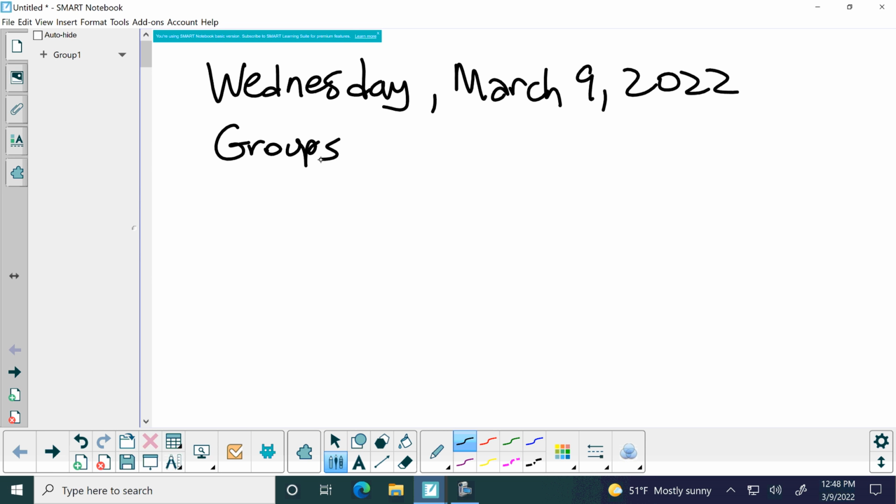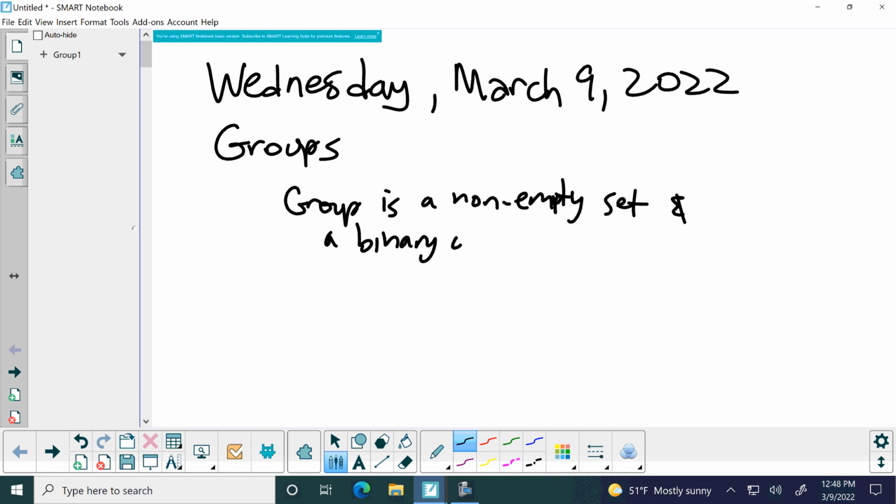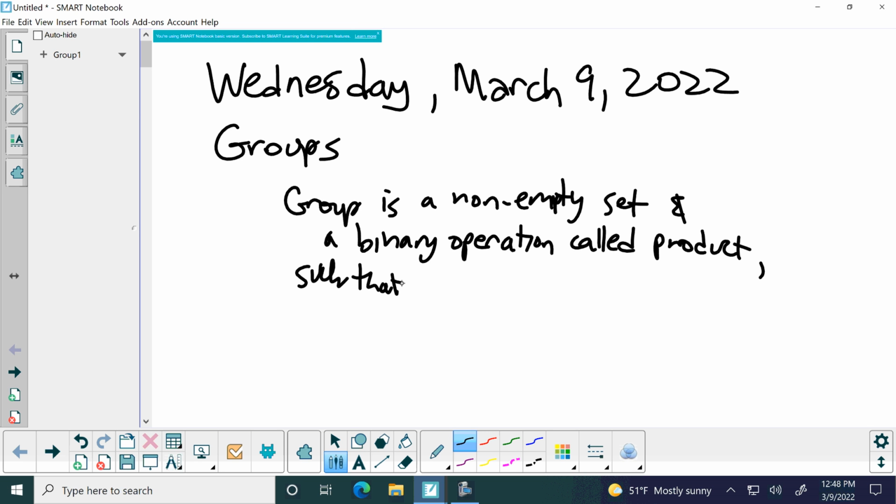All right, so a group is a non-empty set and a binary operation called product, such that there are four conditions. So Genevieve, what would be one of those?